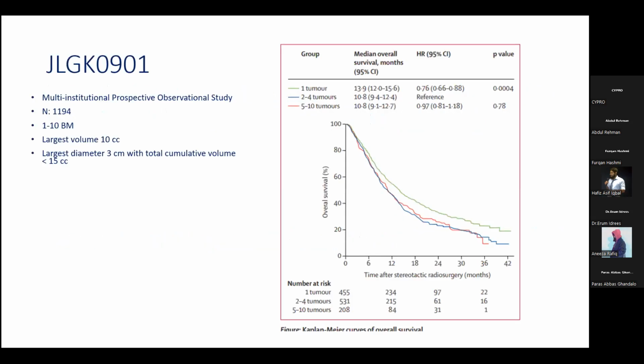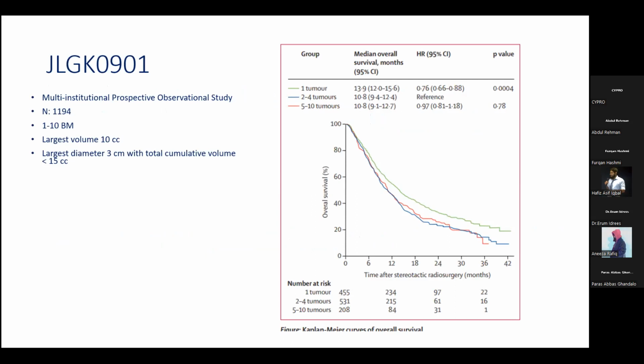Before I give you more details, I would like to mention this trial. Unfortunately, we do not have any randomized controlled trial to get information on multiple brain metastases with whole brain.